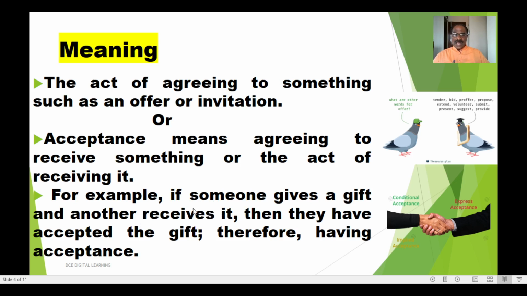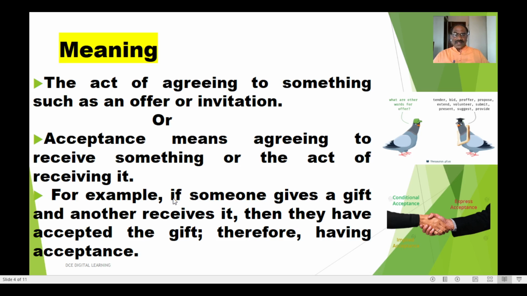So therefore if someone gives a gift and another person receives the gift, then they have accepted the gift. Therefore, with this example, we can observe that the acceptance has occurred. There is an acceptance. So acceptance by whom? The acceptance by the offeree, and offer by the offerer, and the acceptance by the offeree.